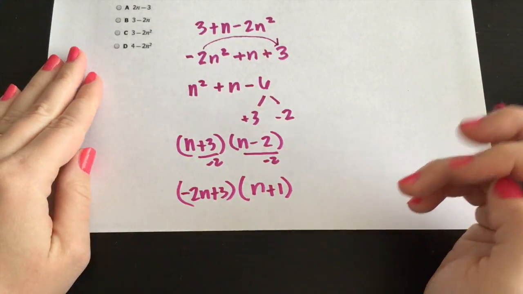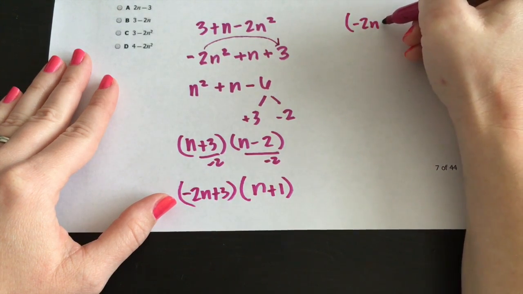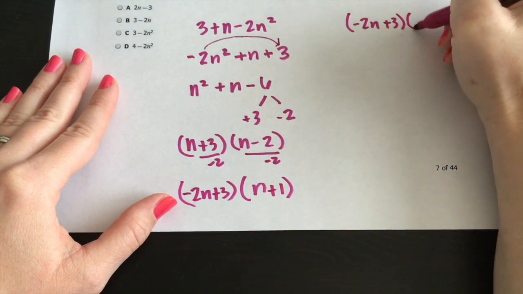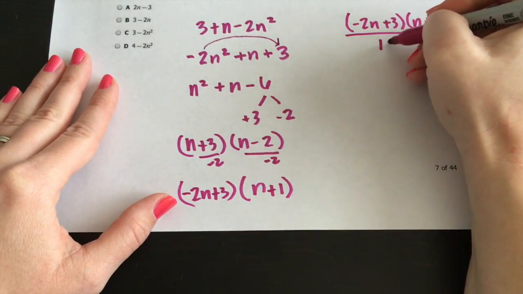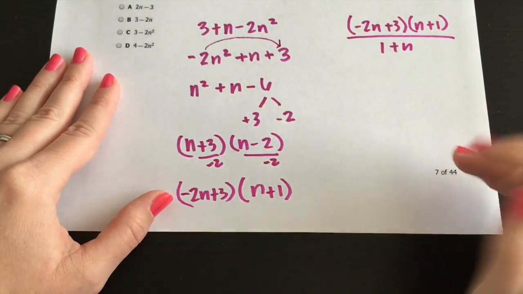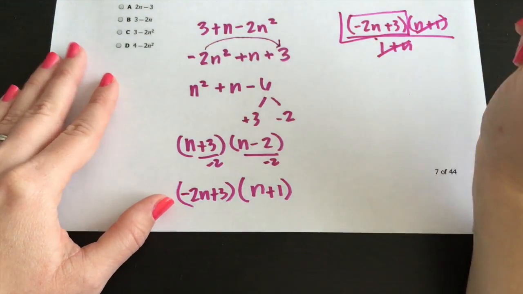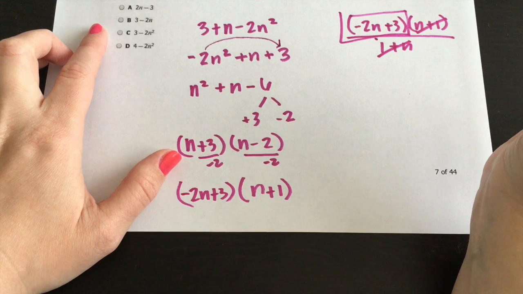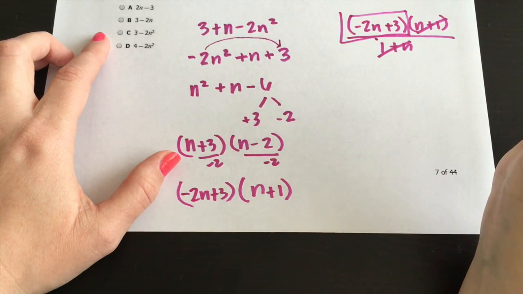Let's rewrite this over here. We have negative 2n plus 3, and then n plus 1. Let's bring this down here. What happens here is this and this cancel, leaving you with this. So your answer should be, where is it?